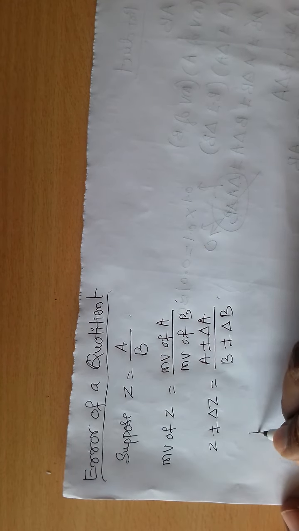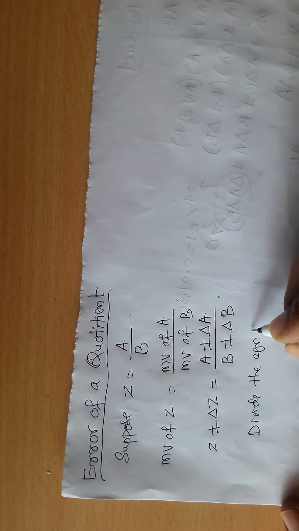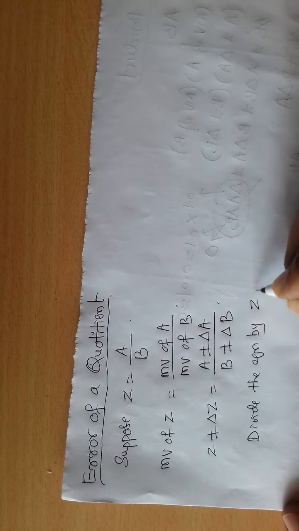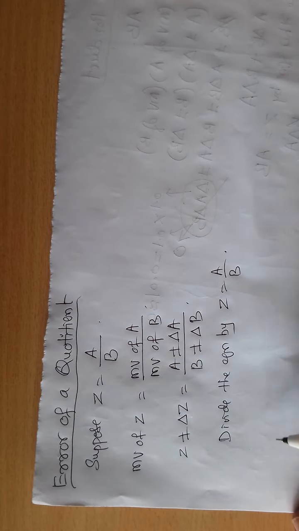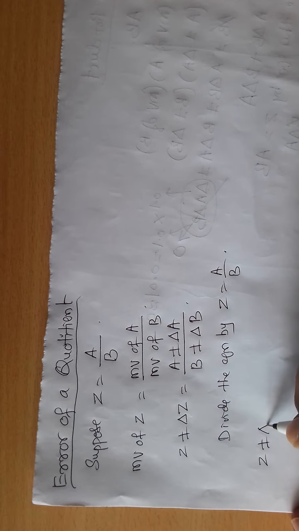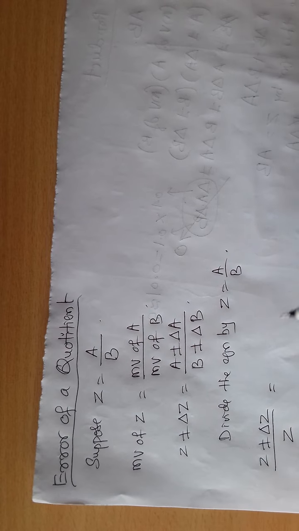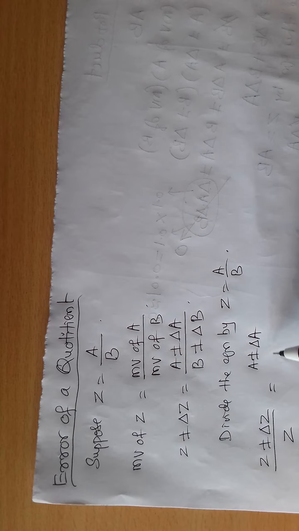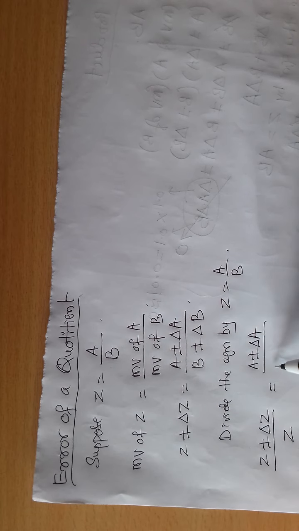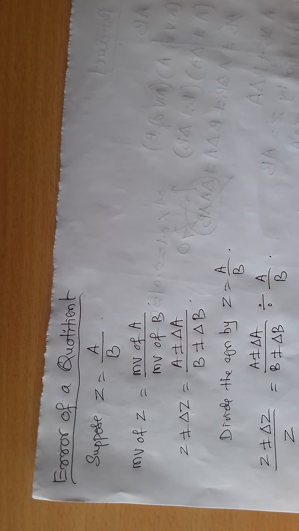Now divide the equation by z is equal to a by b. Now on the LHS, z plus or minus delta z by z is equal to, on the right hand side, a plus or minus delta a by b plus or minus delta b divided by a by b.